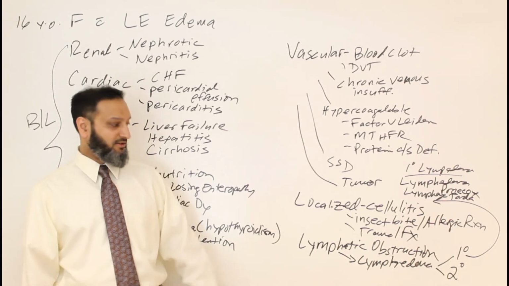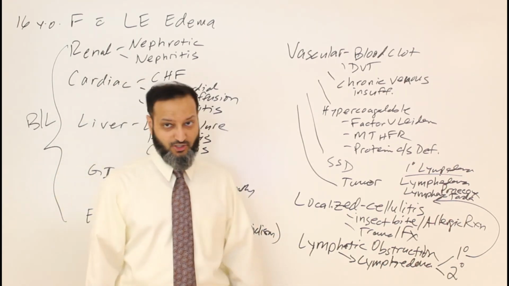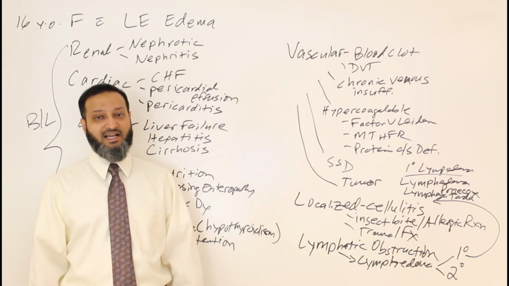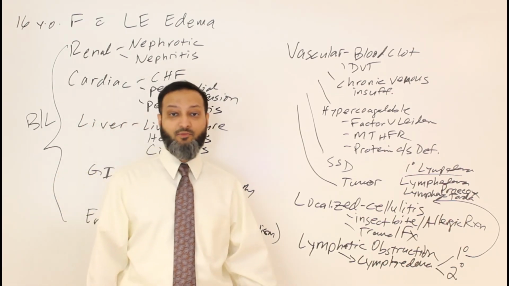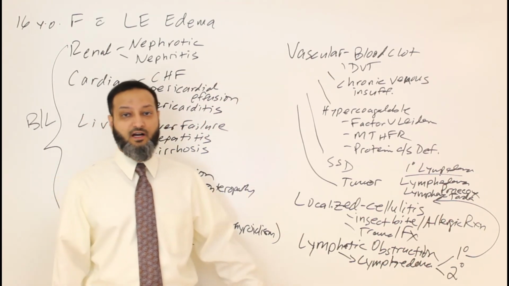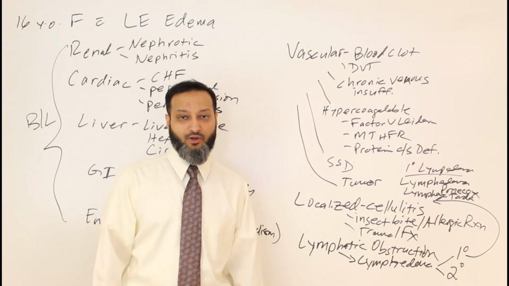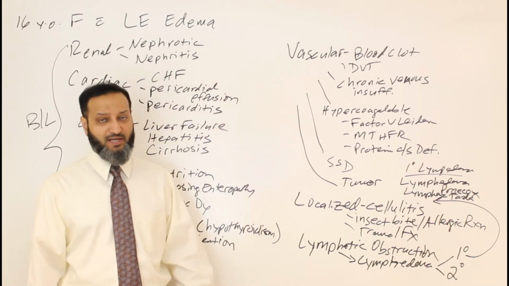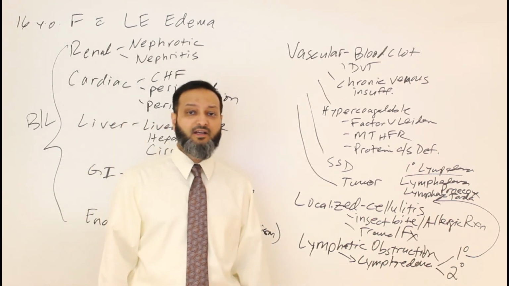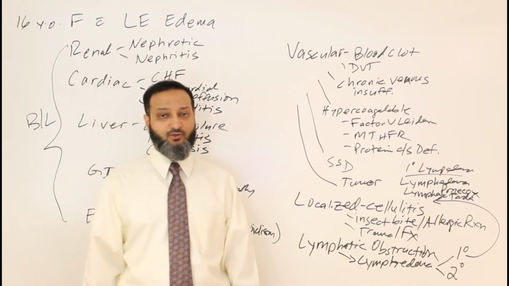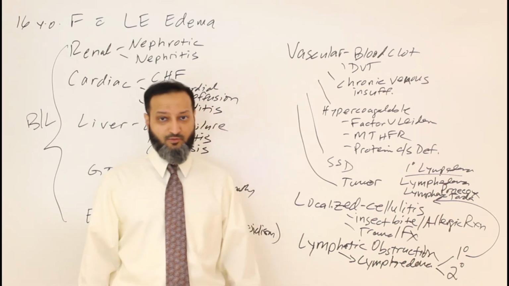So again, given her age, the presumptive diagnosis was lymphedema praecox, and that is the most common cause of primary lymphedema in adolescence. Lymphedema praecox does affect women more than men, and it's 4 times more common in females than in men, and that's usually the most likely diagnosis for the primary lymphedema.